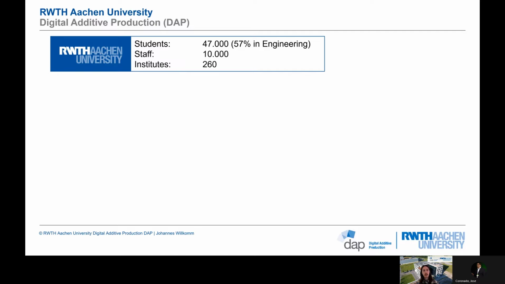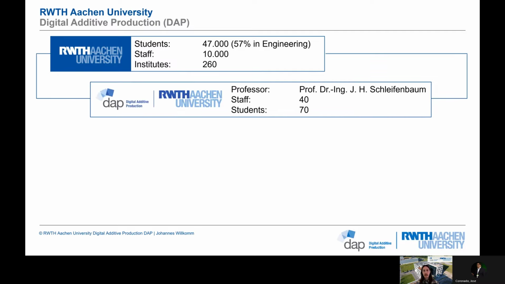So let me start with a brief description of who we are and what we are doing here in Aachen. We are part of RWTH Aachen University, and as I said, we are the chair for digital additive production. We have more than 35 researchers on these fields, and we are operating on both polymer and metal AM systems.